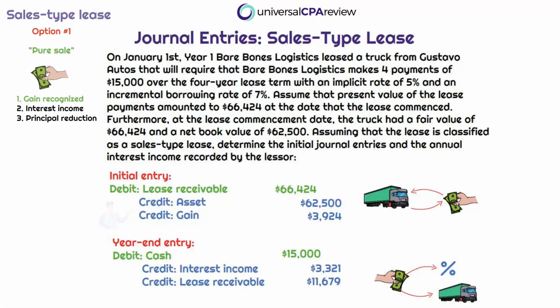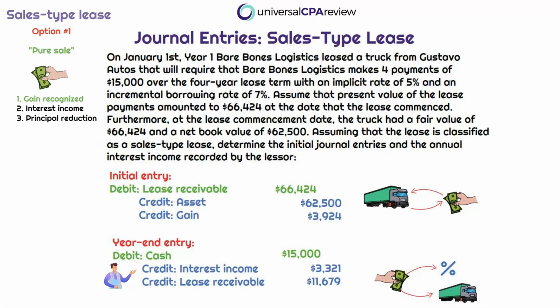But they still have to record the interest income associated with the first periodic lease payment. The debit to cash represents the lease payment that they are receiving. So now they must allocate the lease payment amount that they received to interest income and to the reversal of the amount that they were owed. The first step is calculating the interest income. We know that the present value of the minimum lease payments was $66,424.